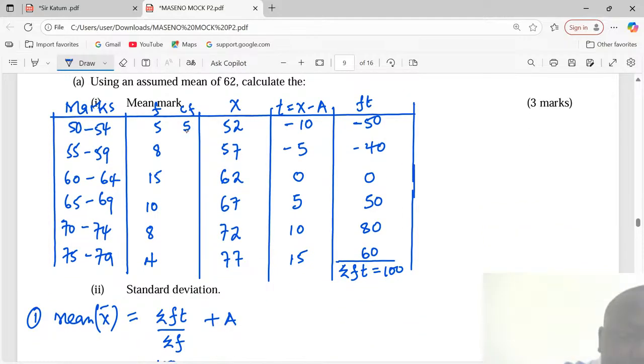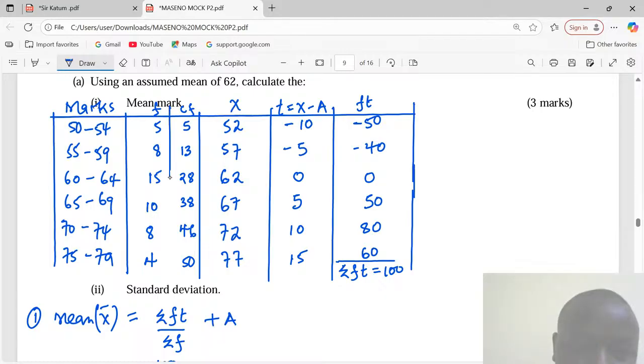Start with 5, then we add the next 13, we add the next 28, 38, 46, 50. Very true. So we've come up with the CF cumulative frequencies column that way, and it is proved that we are right.